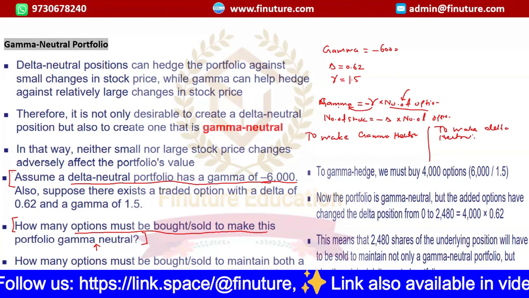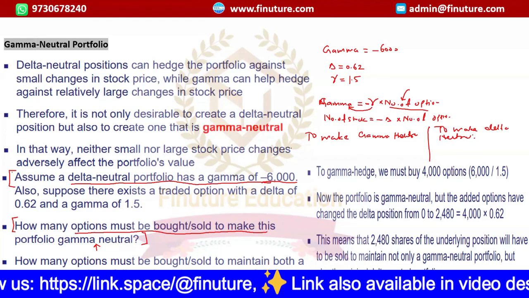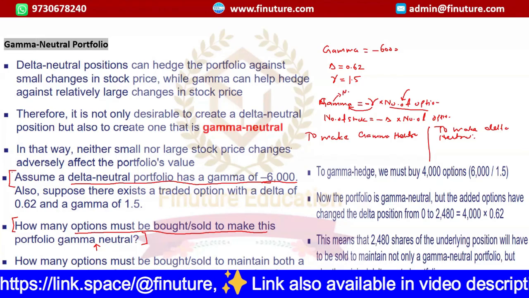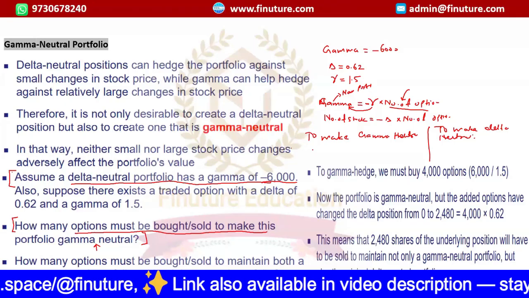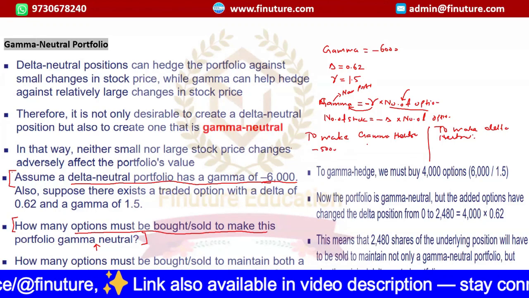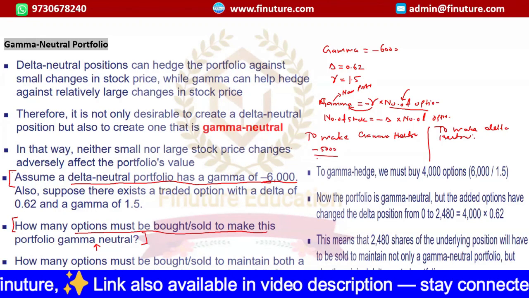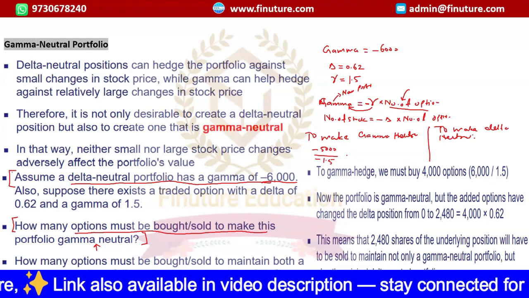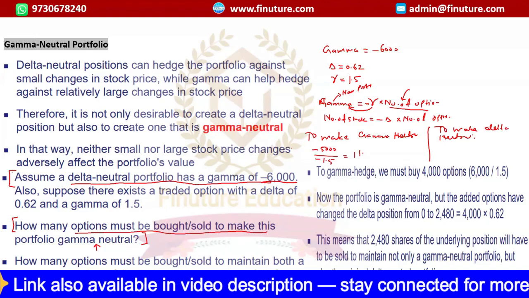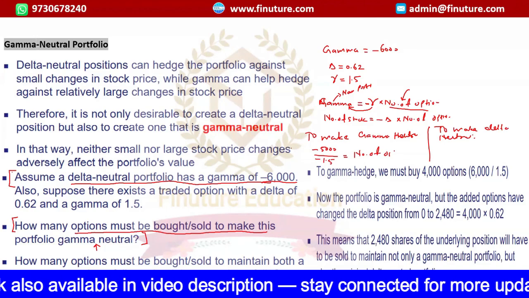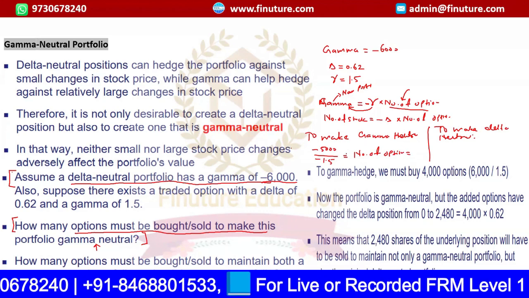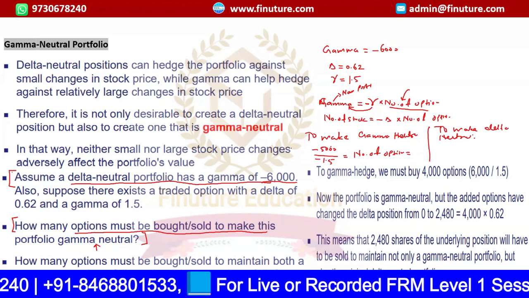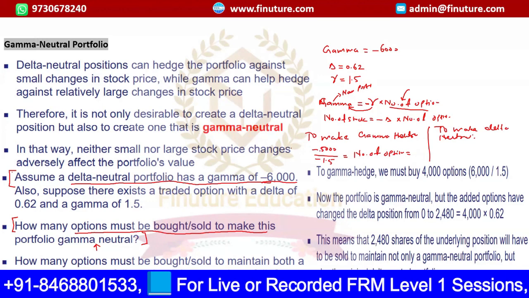This gamma is for your main portfolio, so it is minus 6,000. If I divide it by minus of gamma, that is minus of 1.5, that will give me the number of options required to make my position gamma neutral, which would be equal to 4,000.